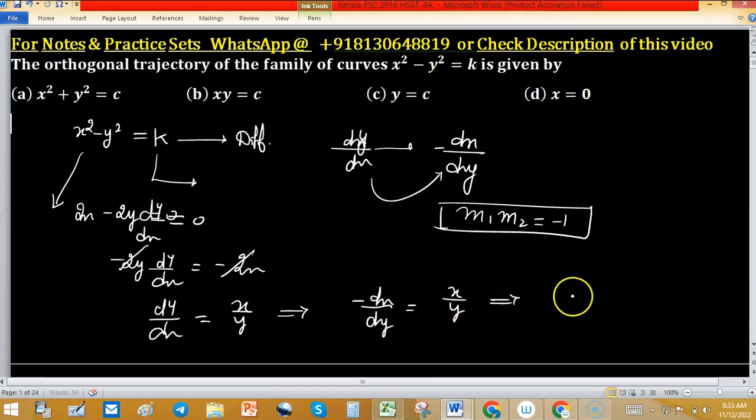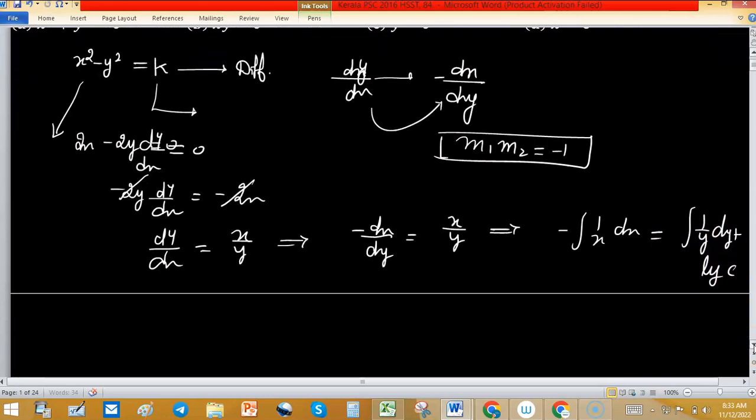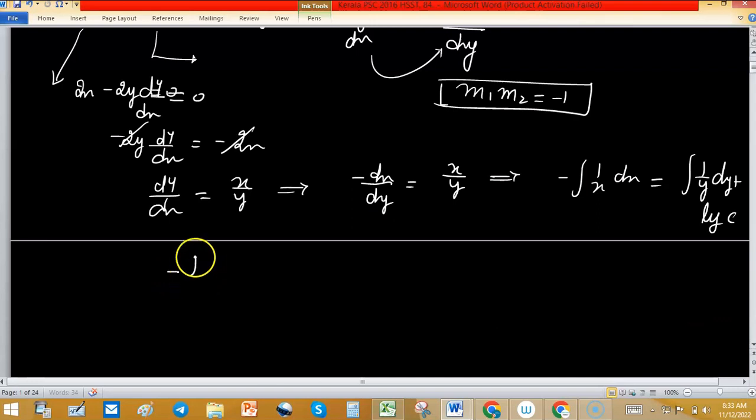This implies minus 1 upon x dx equals 1 upon y dy plus log c. Finally, we have minus log x equals log y plus log c.